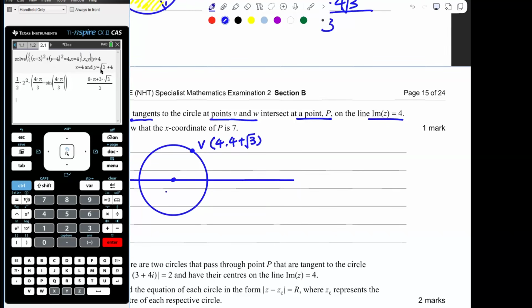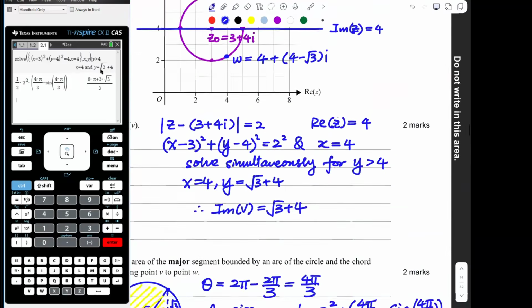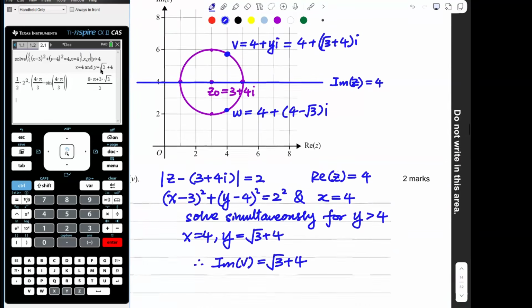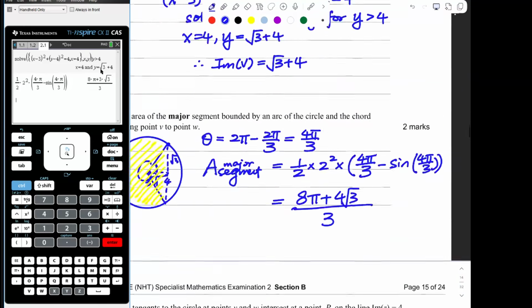This is the center. I think it's 4, 3, I suppose. Oh, actually, sorry, 3. Yeah, 3, 4.